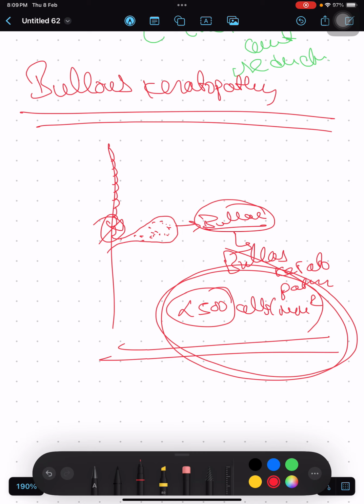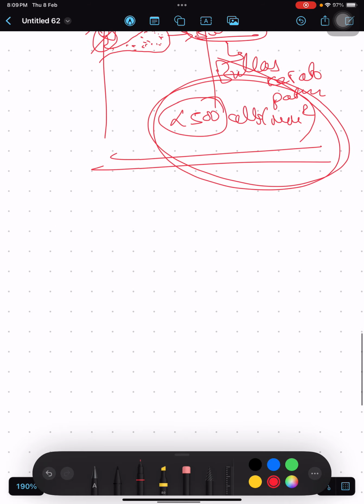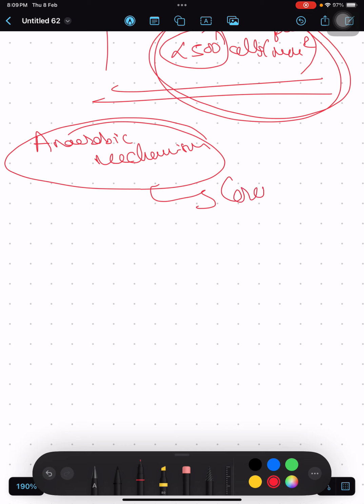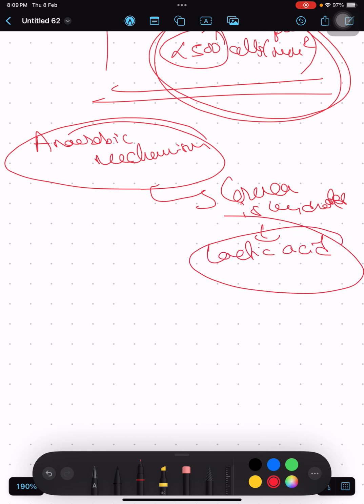Now the next thing that we have to remember is that whenever the anaerobic mechanism by which the cornea is hydrated occurs, that leads to an accumulation of lactic acid, and if this lactic acid gets accumulated, it will lead to a defect in the pump mechanism.